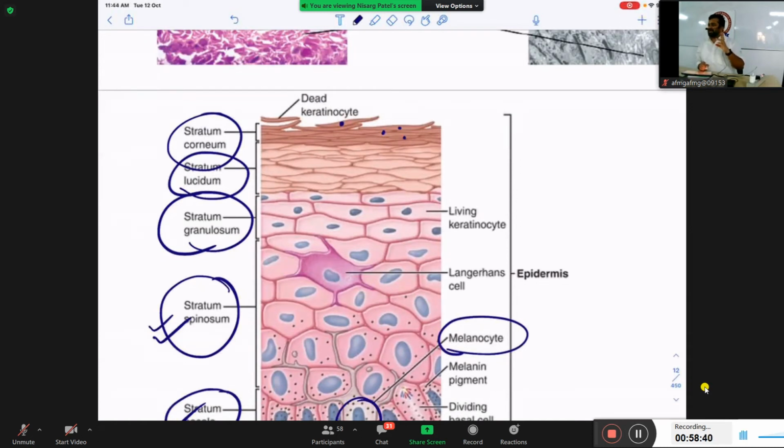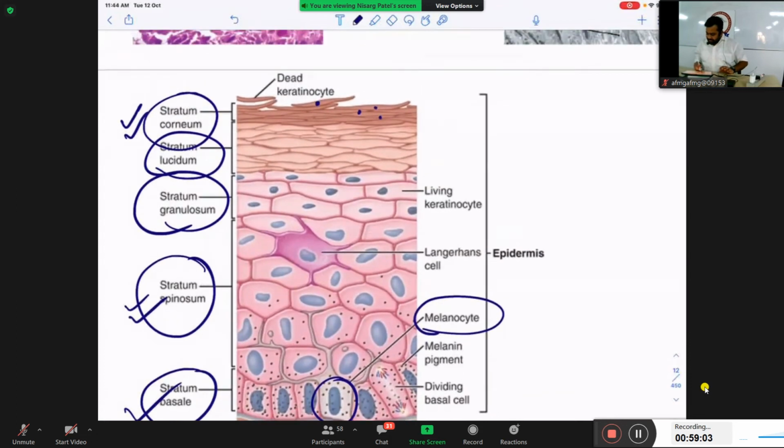Psoriasis, actinic keratosis. As I told, actinic keratosis is a pre-malignant condition of squamous cell carcinoma. If I say hyperkeratosis, it is a thickening of the uppermost layer, stratum corneum. What are the two examples? Callosity and psoriasis. Remember two examples. It is also seen in lichen planus.